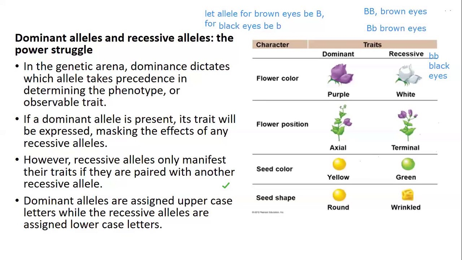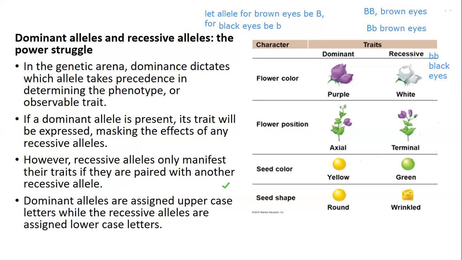Alleles are alternatives of that gene. The gene is height, and alleles are alternatives of height. You can either be short or tall. To represent these alleles differently, we use letters.